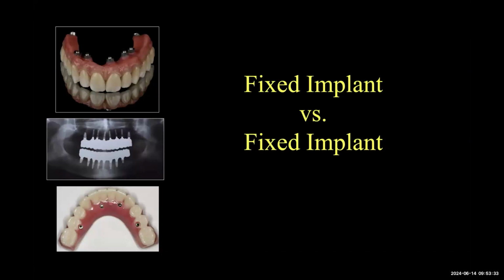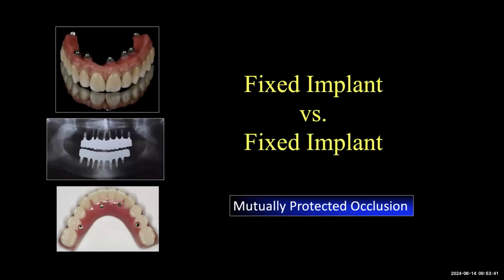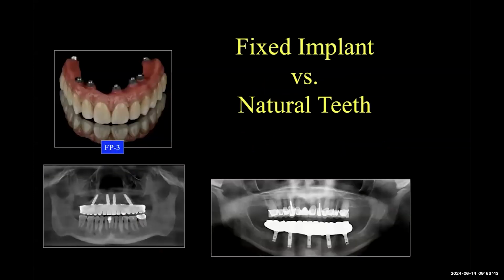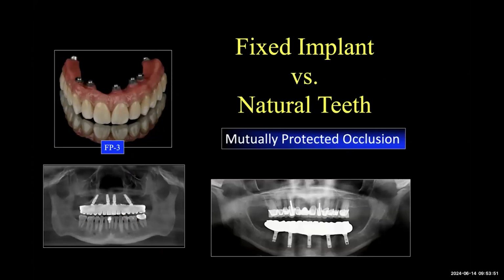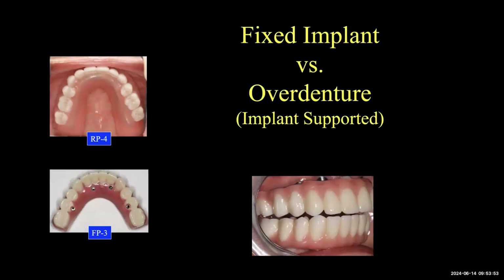So in summary, if we have a fixed implant against fixed implant, ideally zirconia is what we're going to be using. We're going to want a mutually protected occlusion. If we have fixed implant against natural teeth, again, this is fixed against fixed, we want mutually protected occlusion. If we have a fixed implant against an overdenture, now I'll talk about this at the next session.